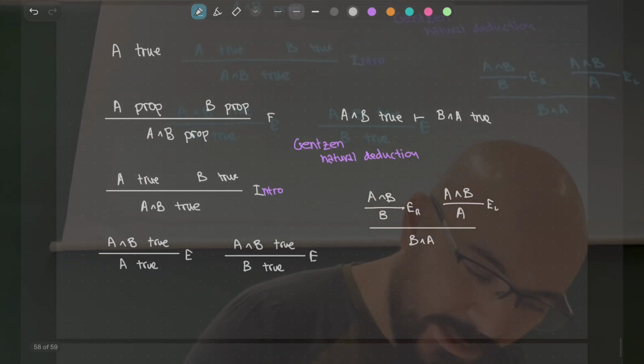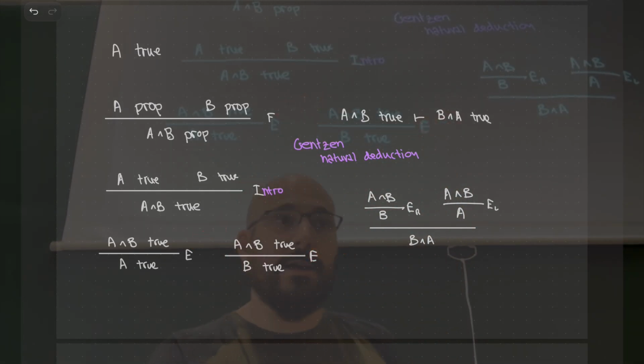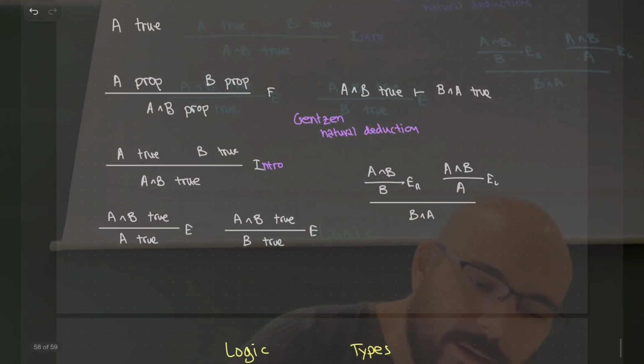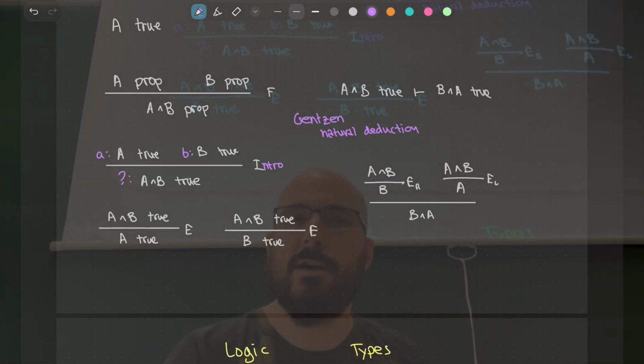So this would correspond to the out left, and this would correspond to the out right. And I can already have a fruitful idea from going back and forth: maybe it makes sense to consider what happens if I start giving names to these things. I have a proof of A, I have a proof of B, and how can I construct a proof of this? Now I have access to the objects.